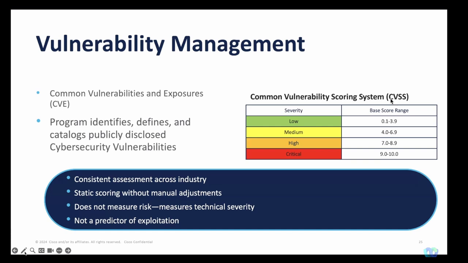This is a score that has been there for, I don't know, several years, more than a decade, and it's pretty much an industry standard. But it has some flaws. It is basically a severity based rating and scoring system. A score of 10 is high, but it's purely technical severity based. It does not contain a risk measure. So, what does that mean? It doesn't take into consideration probability.